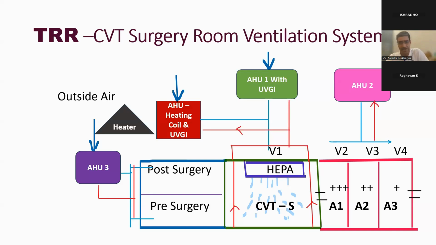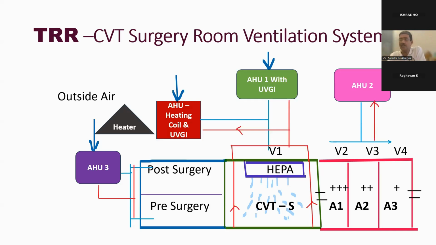As per the design pressure, this HU, HU1 and HU2, the one which is doing the heating, also has a UVGI, and HU1 also has a UVGI. Both should also be supported with fresh air. Why?